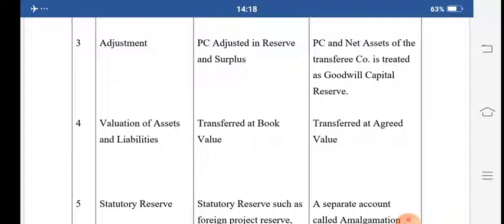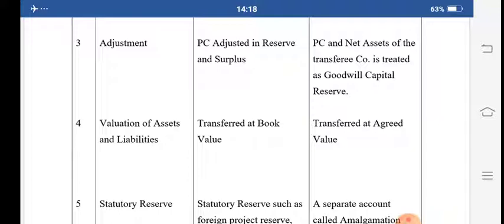Now point number four, which is the valuation of assets and liabilities. In the pooling of interest method, all the assets, including fictitious assets, and liabilities of the transferor company are transferred at book values.